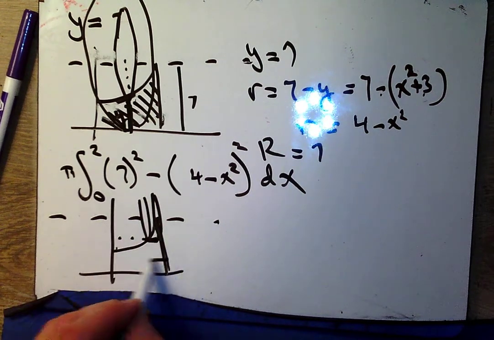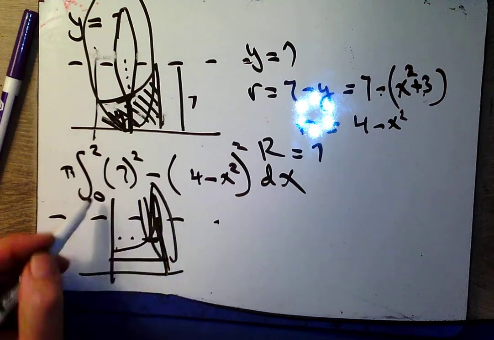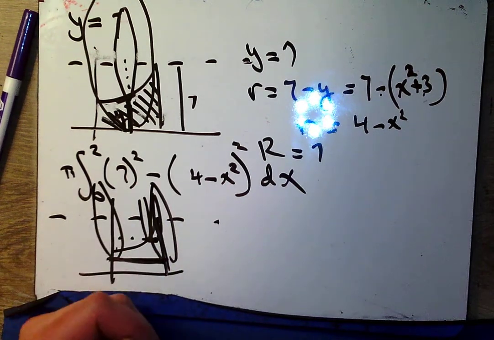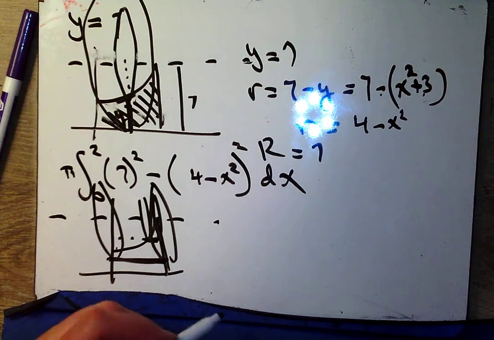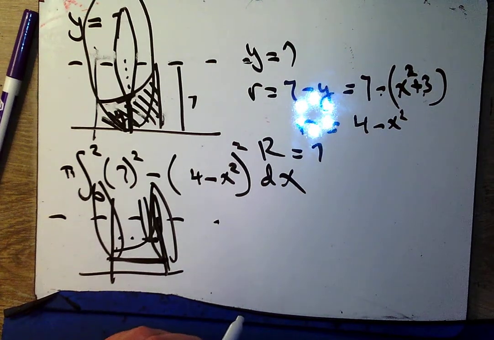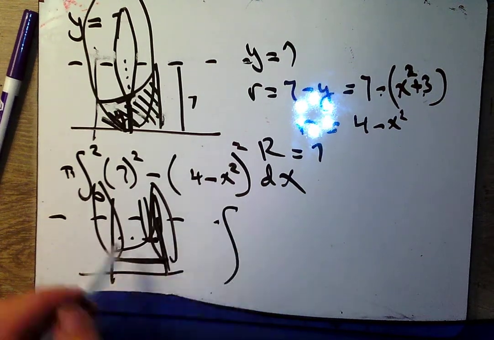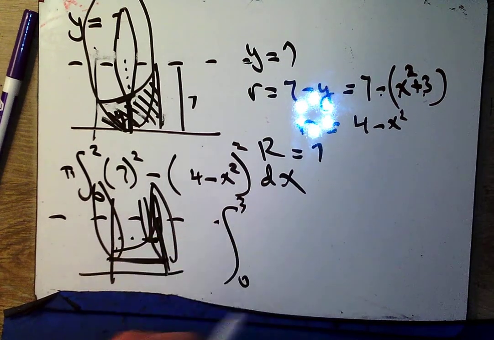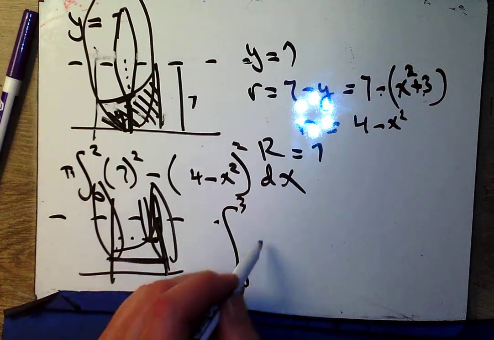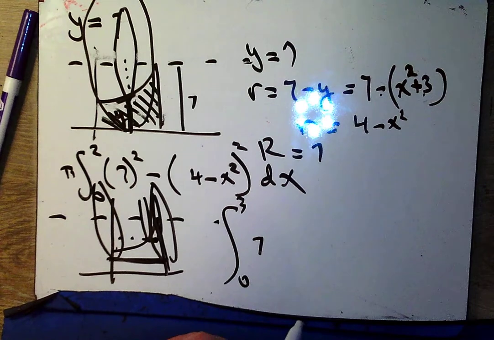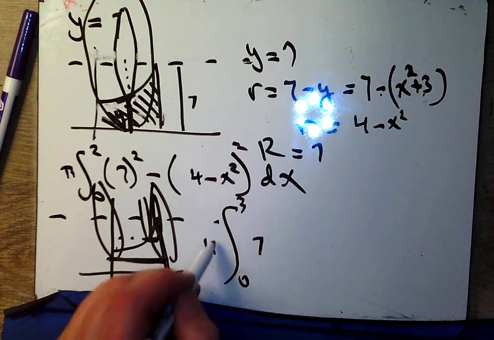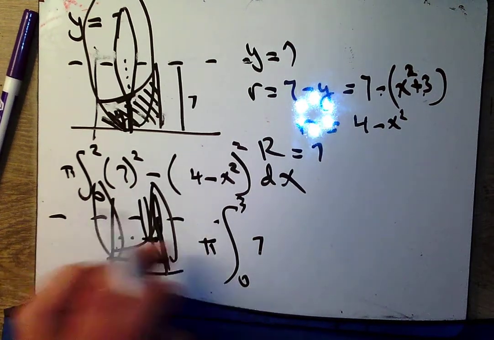But if I draw down here, then my height is constant. 7 minus 0. Ew. Okay. These would be dy, so 0 to 3 of this constant.